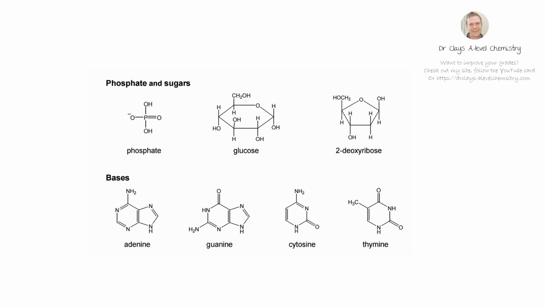Here we are then. This is the information taken from the new AQA Data Sheet. So you can expect to get this sort of information in the exam. It might expect you to recall how a nucleotide fits together, the important groups.